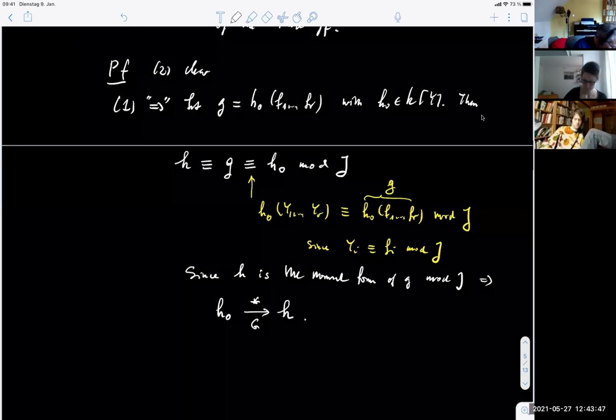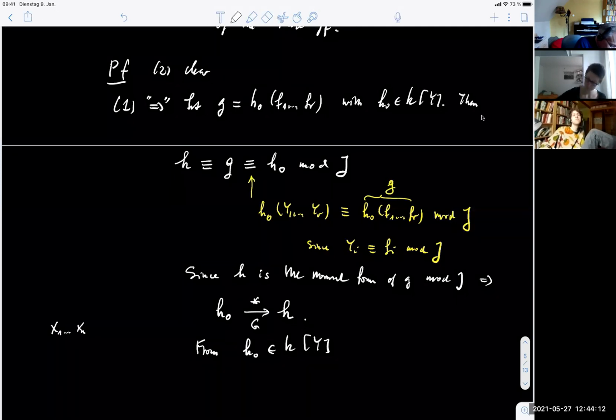Now from the H0, which is a polynomial in the Y's. Okay, now I have a polynomial in the Y's. So now you should think again of my picture. I have the X variables and the Y variables.